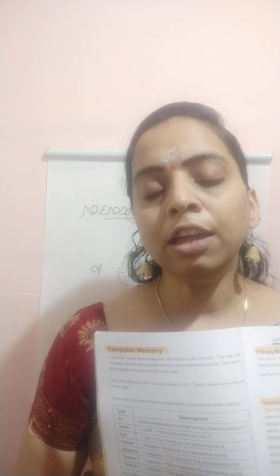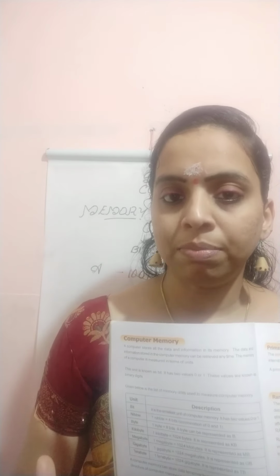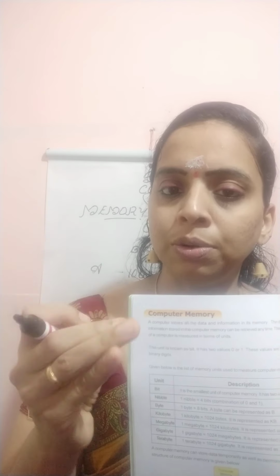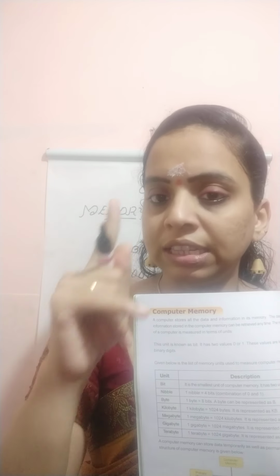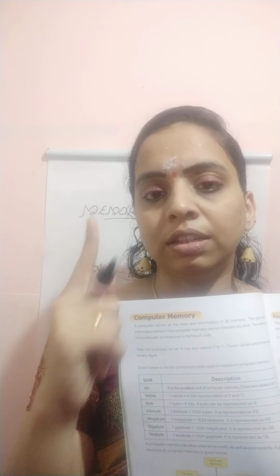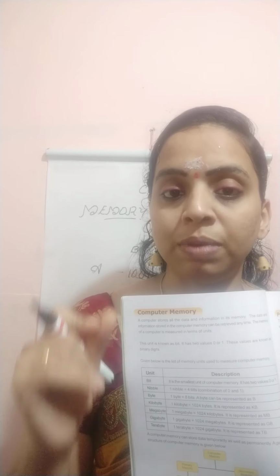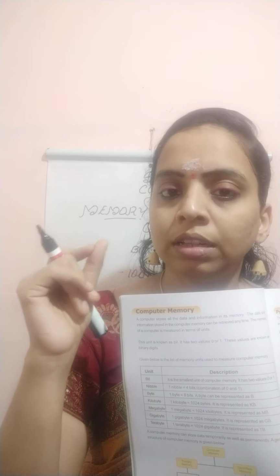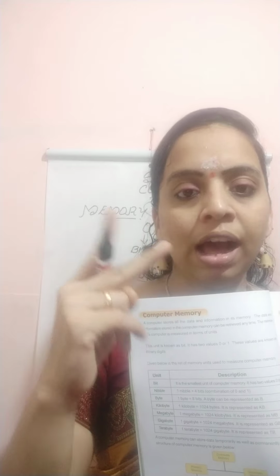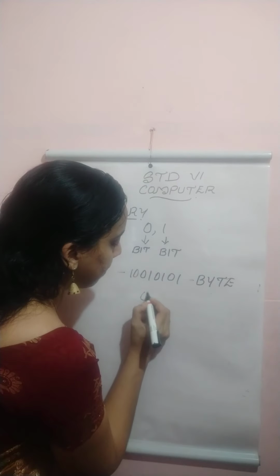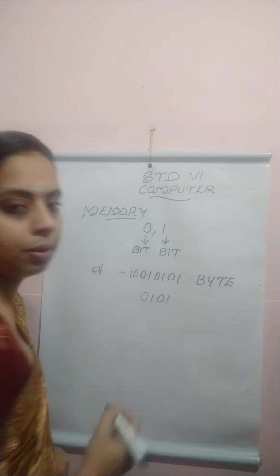So we have many units to measure the computer memory and the computer language also. And the smallest unit among that is the bit, because it is only one digit. A 0 is known as a bit or a 1 is known as a bit. So it is the smallest unit to measure the computer memory. So bits are of two types, 0 and 1. Next, nibble. Nibble means a combination of 4 bits, that is zeros and ones combined in 4 bits.